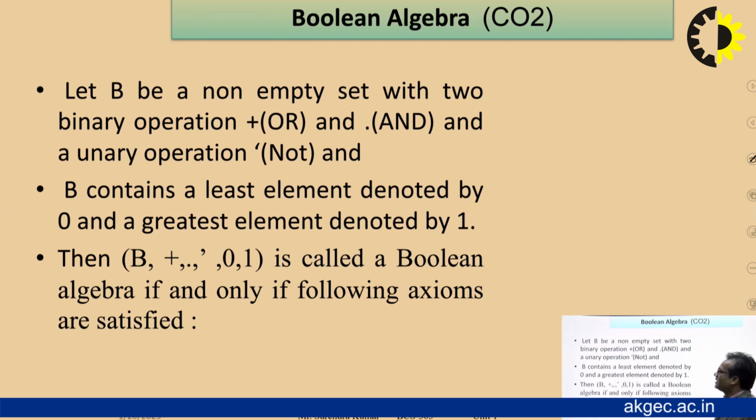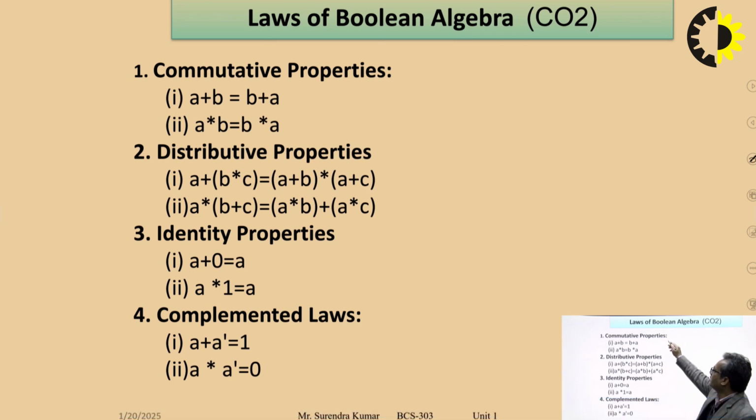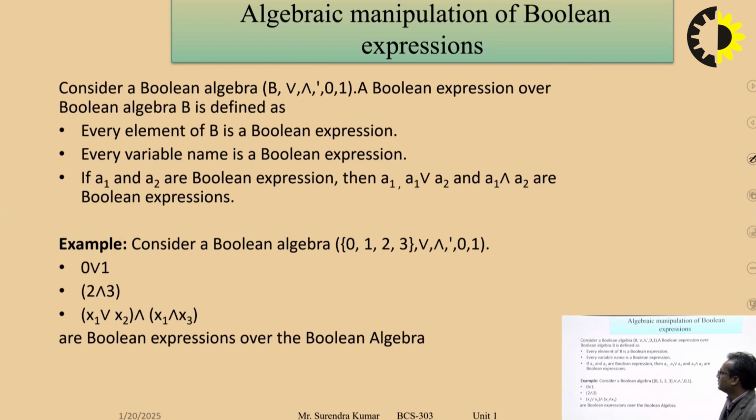So you can represent it as B, comma, plus, comma, dot, comma, 0, 1 and not operation. This kind of structure is called a Boolean algebra, and it satisfies the following axioms: commutative property as in simple algebra, distributive property, identity property, complement law and all difference law.